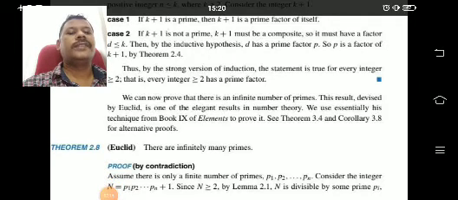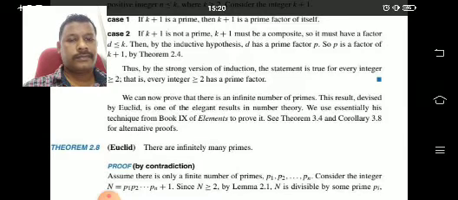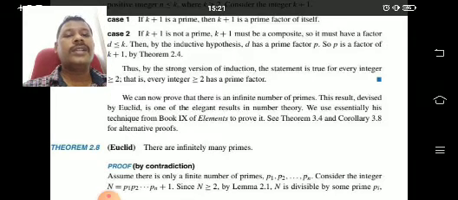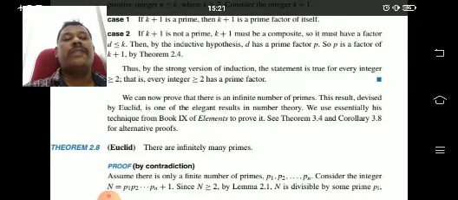The next theorem says that there are infinitely many primes. If the number is very big, then it has many prime factors.